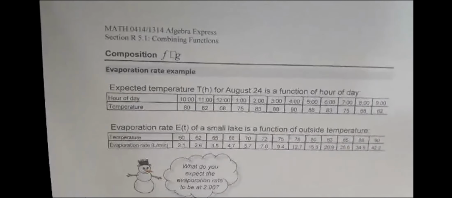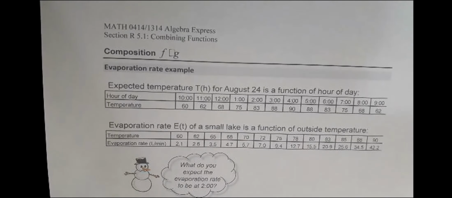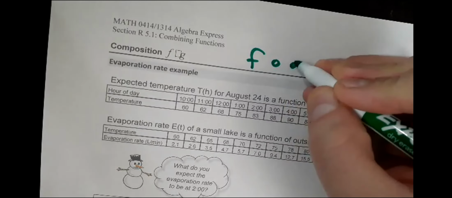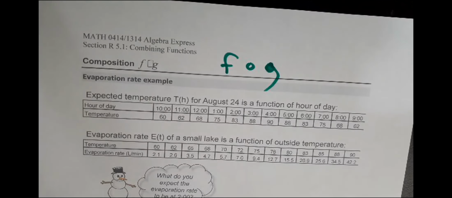Okay, so I'm not sure why it did this, but for every composition of functions, for every composition symbol, it put a box. It should be like f of g with a little circle-looking thing. There's a little hollow circle that we put between there.